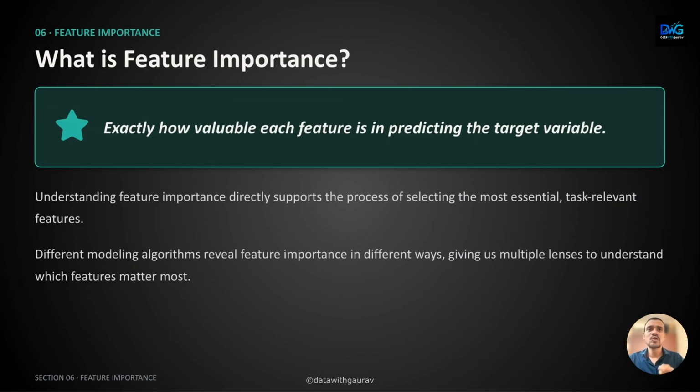Every time we add a new feature to a dataset, we are also increasing the amount of information that the model has to process. Now imagine a dataset with millions of records and hundreds or even thousands of features. For every data point, the algorithm must examine every feature, perform additional calculations, and store more information in memory.